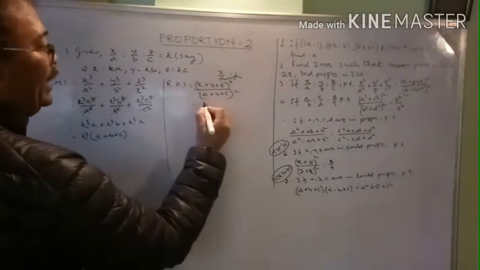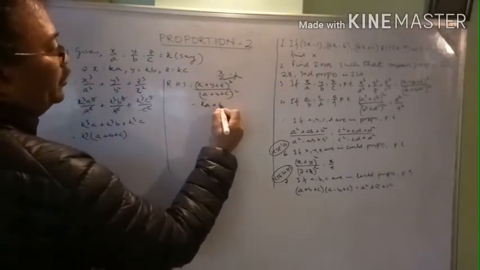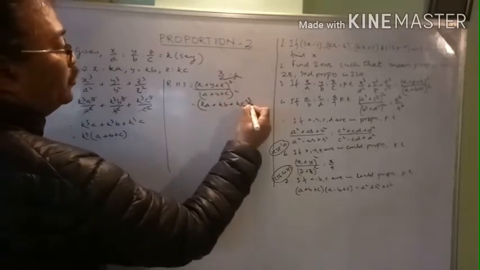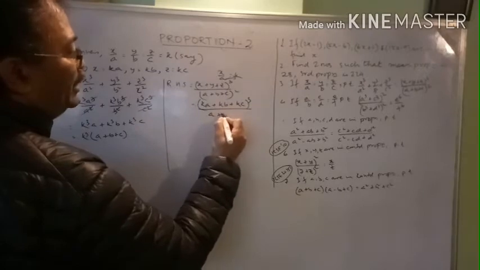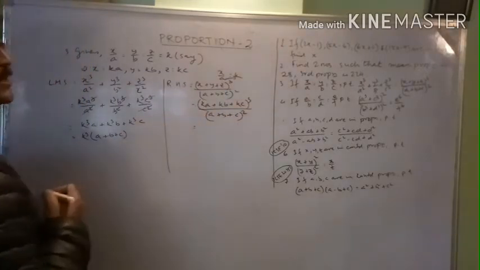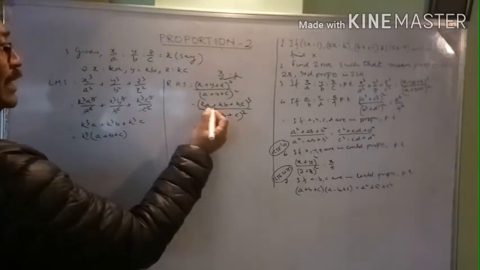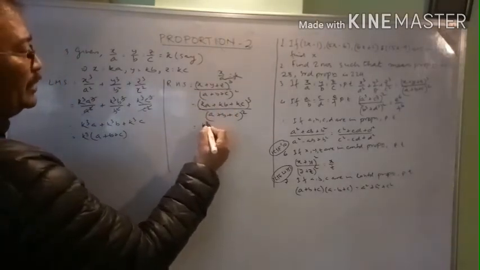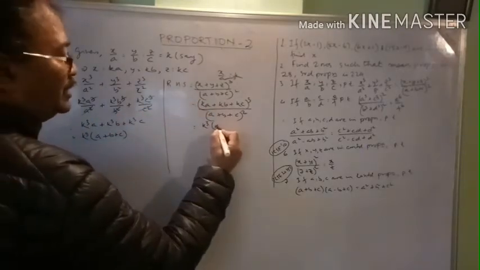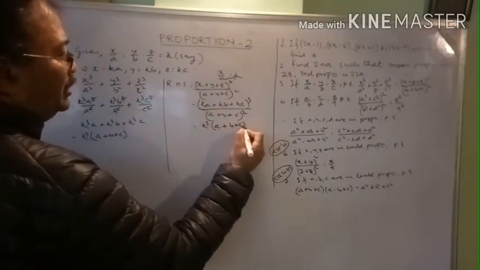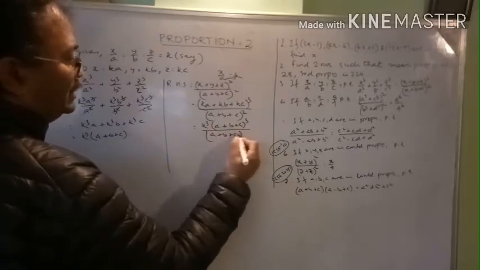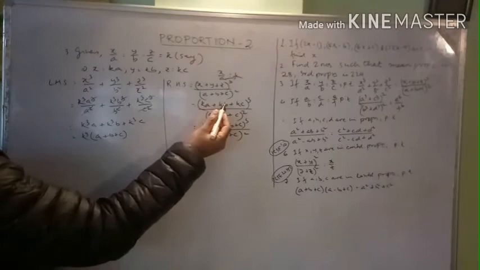So x equal to kA plus y equal to kB plus z equal to kC, and its whole cube, denominator A plus B plus C whole square, you write as it is. Now if you take k common here, you get k cube. When you write outside, it will become k cube. Then inside bracket A plus B plus C whole cube divided by A plus B plus C and its whole square. I hope you can understand here.